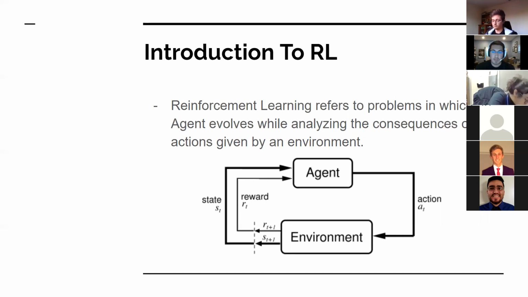We'll define that on the next slide, but it performs an action and the environment spits out a new state, the environment changes, and it also spits out a reward that the agent then looks at and determines, okay, what's my next action going to be? It keeps on doing this, keeps on receiving that input, until it finally reaches an end goal, like a final determination of a task.